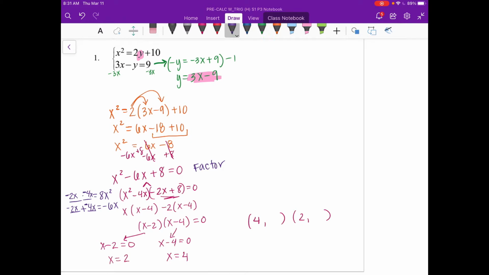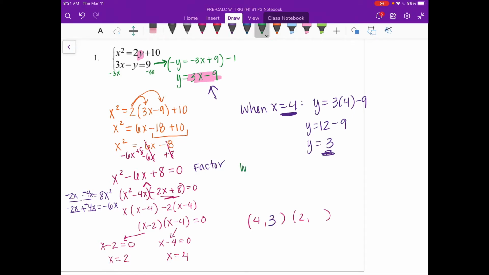So when x equals 4, and I substitute it back over here because this is already set to y equals, I have y equals 3 times 4 minus 9. Well, 3 times 4 is 12, minus 9 is 3. So the 3 goes with the corresponding x value of 4, so I'm going to put the 3 right there.